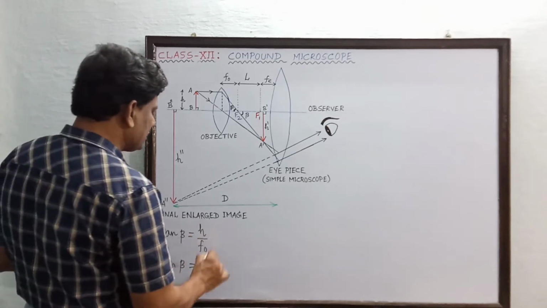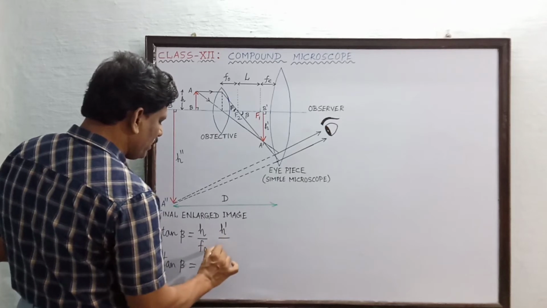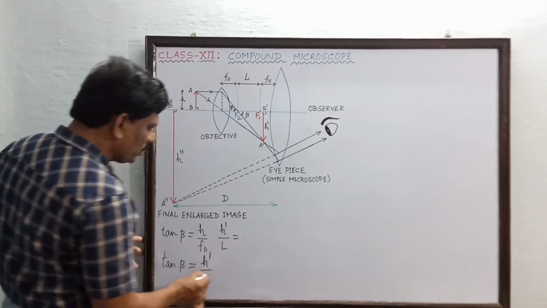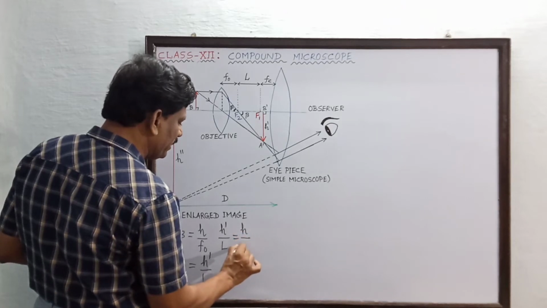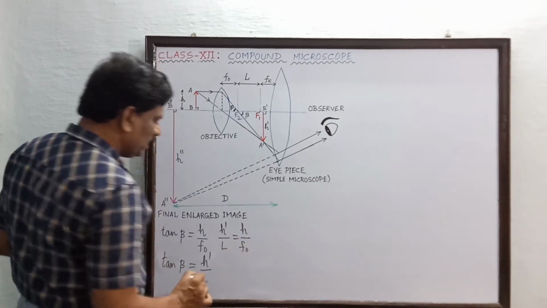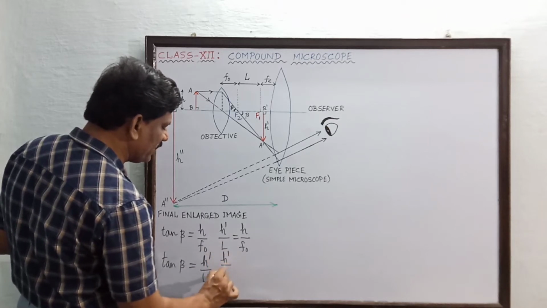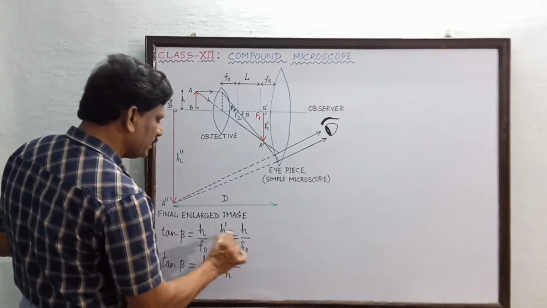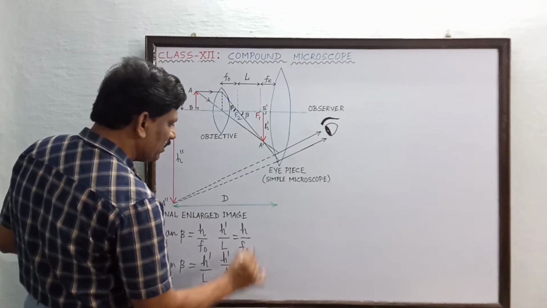So this is now h dash by L is equal to h by f naught. So h divided by f naught. And hence h dash by h, so h dash divided by h is now equal to L by f naught.